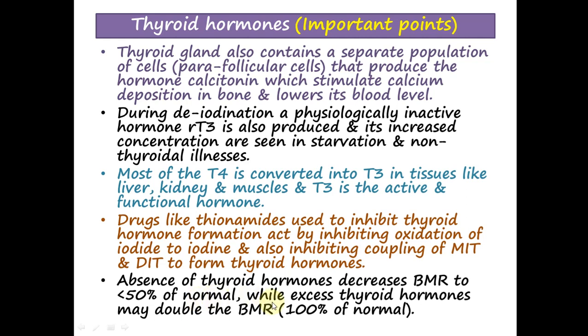On the other extreme, if there is excess thyroid hormone synthesis, the condition is known as hyperthyroidism. In hyperthyroidism, the basal metabolic rate may become doubled, a 100% increase over normal. This condition can lead even to lethal complications.